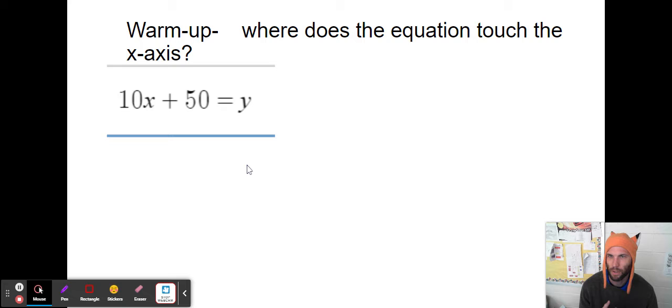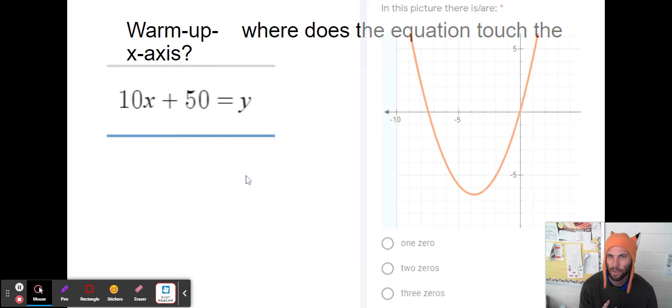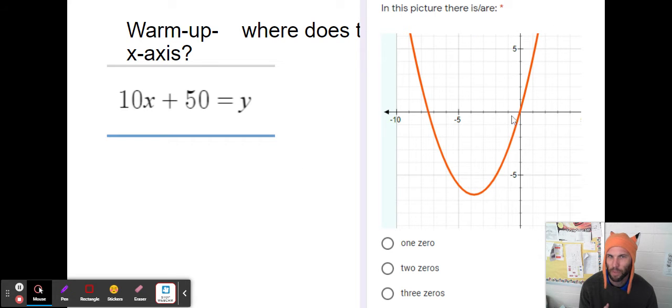If you remember from this warm-up, where your graph touches the x-axis is the solutions. So another way of saying this is y equals 0. The graph touches the x-axis where y equals 0.